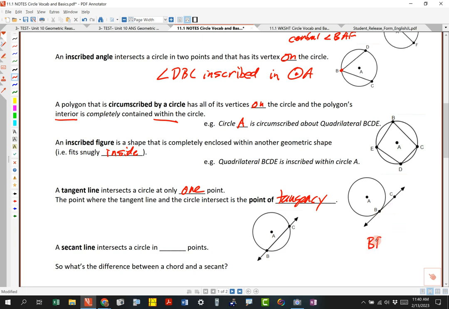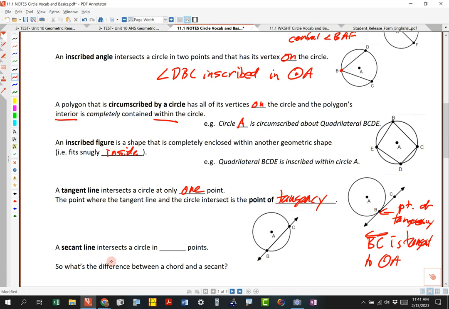So, BC, and I'm going to put a line right there because that's what it is, tangent to circle A. And B right there, that is the point of tangency. That's where it touches. So this is the tangent. It only touches in one single point. And that's the point of tangency.